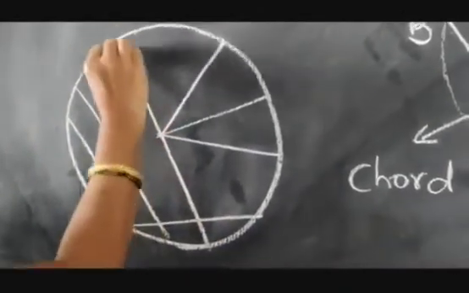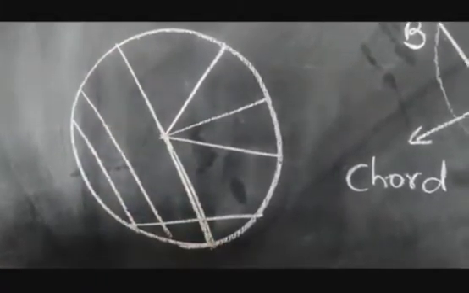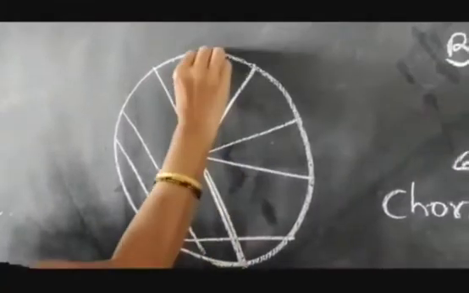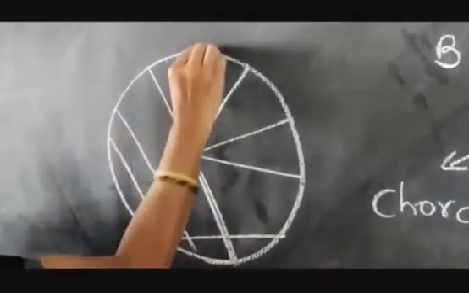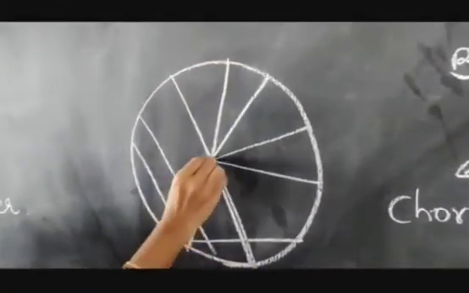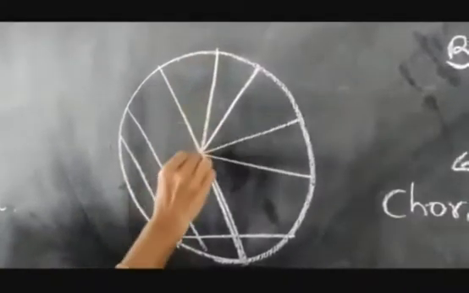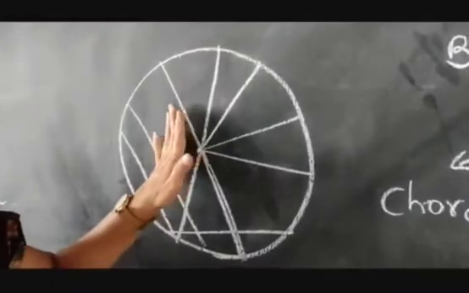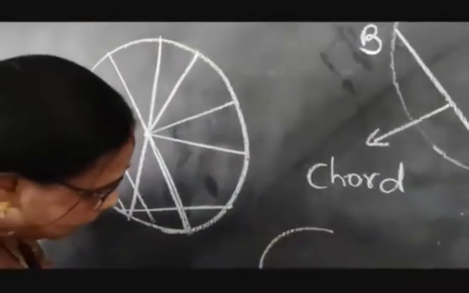This also a chord, but this chord is passing through the center of the circle, that is called a diameter. See, this is also a diameter, because this chord is passing through the center of the circle.